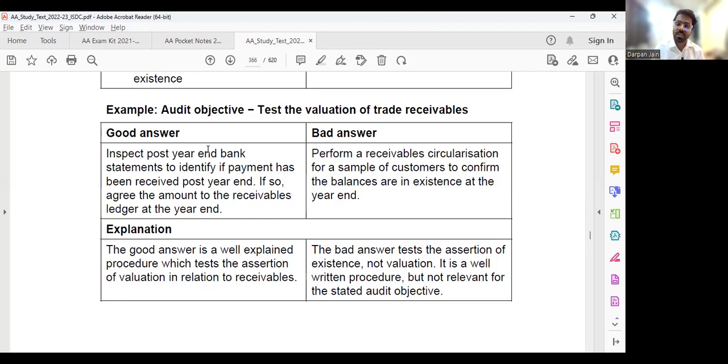You are going to do your audit after the year end when the draft financial statements are ready. So let's say you're doing your audit in February last month of the balance sheet as at 31st December 2022.